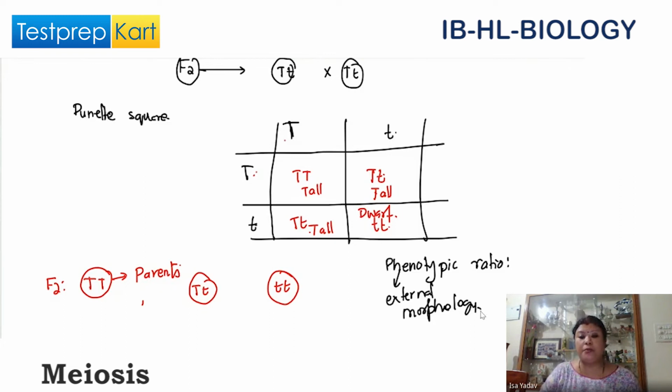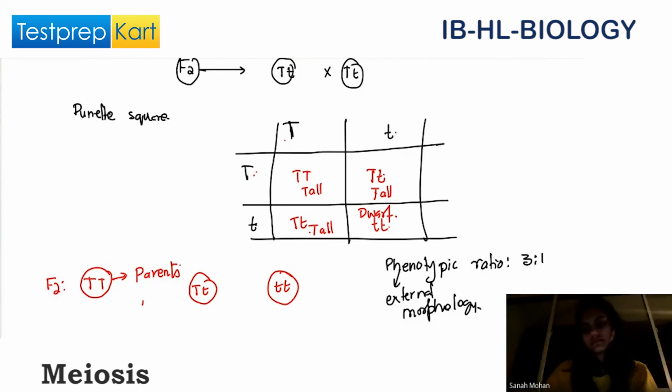So how many are tall? 1, 2, and 3. How many are dwarf? 1. So the phenotypic ratio is 3:1. So out of 4 plants, 3 plants are tall and 1 is dwarf. So we write 3:1. Next.